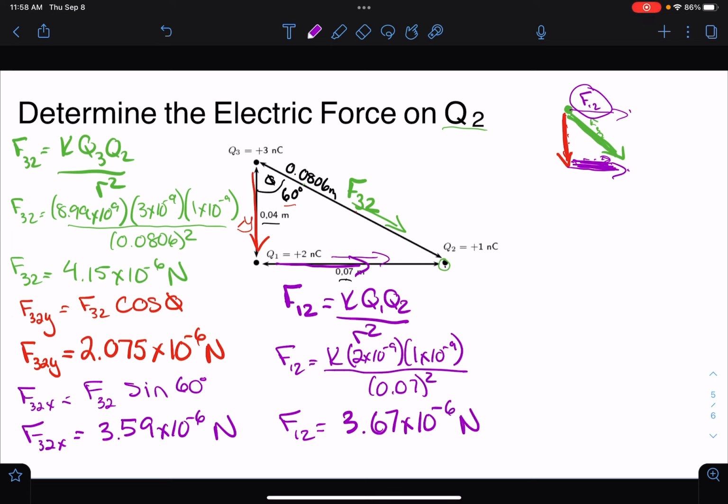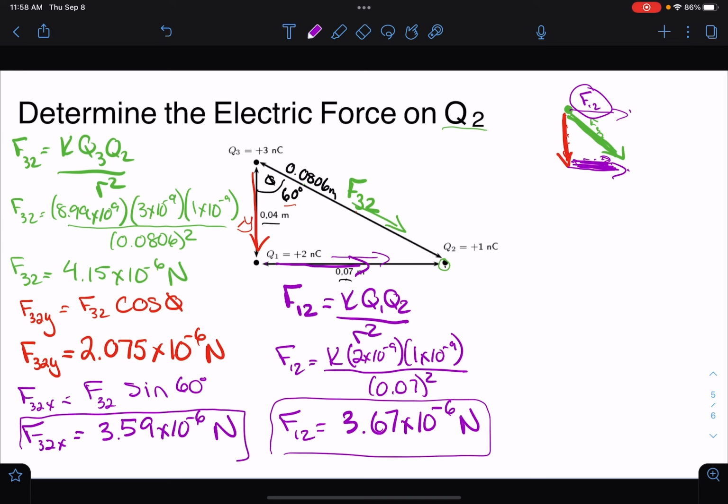Okay, so we know that we have the original Q1 on 2 in the x direction, and then we have to add the x component of force 3 on 2. So we're going to add those together to get a grand total F in the x direction. When I add those two numbers together, because they are in the same direction, I get 7.26 times 10 to the negative 6 newtons.